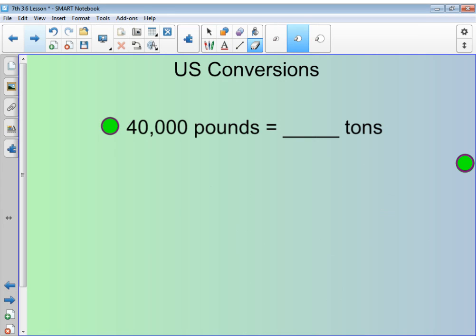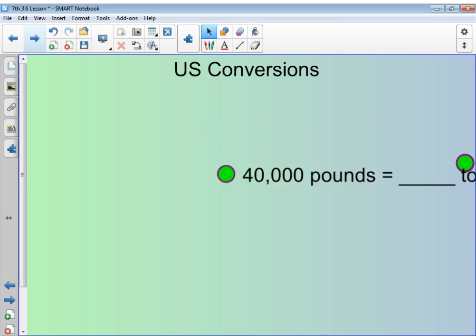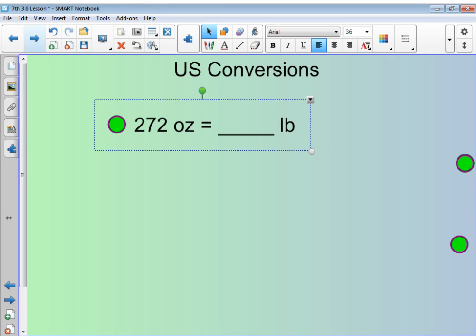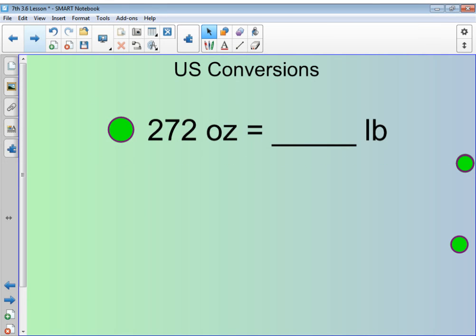Now, I know some of you will be able to just kind of look at these and be able to decide if you have to multiply or divide, but some kids are not good with that. So this is another process that you can use to be able to decide, do I multiply or do I divide? So here we've got 272 ounces is equal to how many pounds? So ounces is always one where kids get mixed up because there's fluid ounces, which is 8 fluid ounces is 1 cup, and then there's ounces in pounds, and there are 16 ounces in a pound.